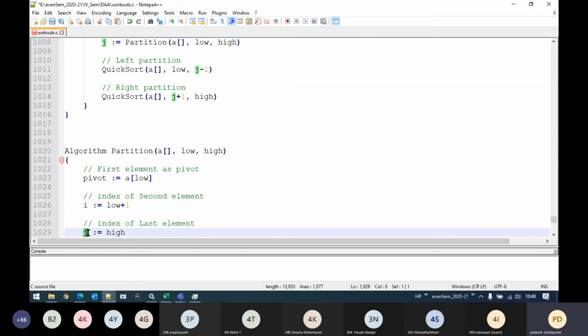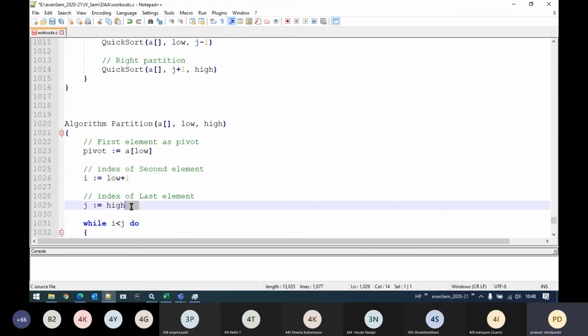I and j are the indices or the positions of the elements, where i is set to the second element's position and j is set to the position of the last element. That is why we have written i equals low plus 1 and j equals high.